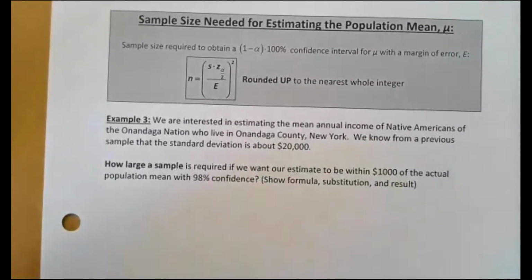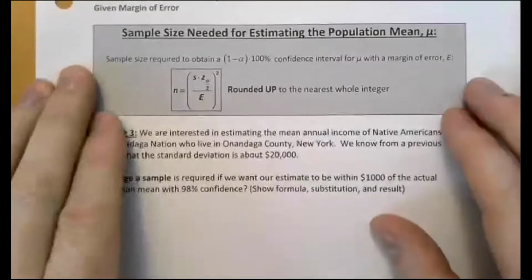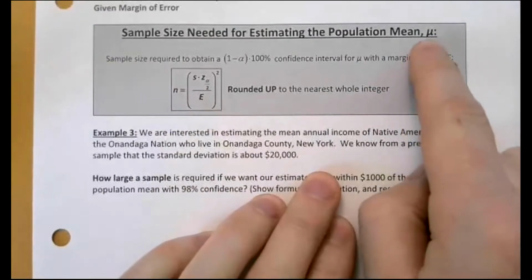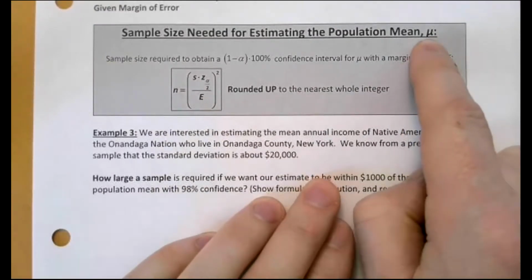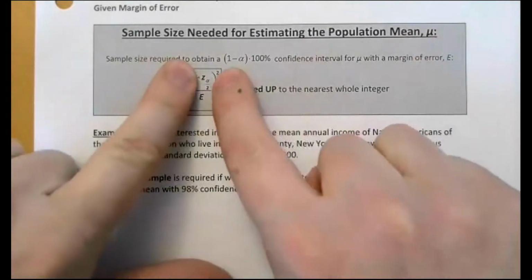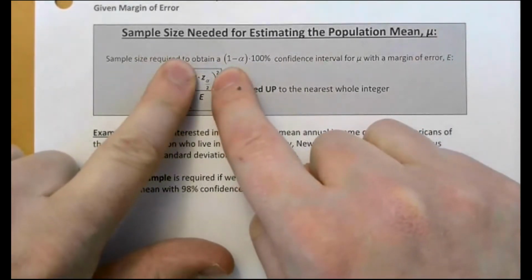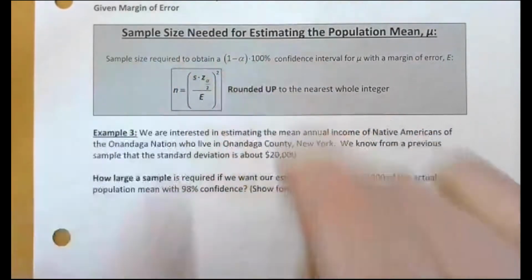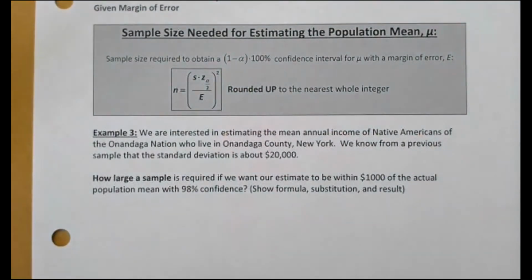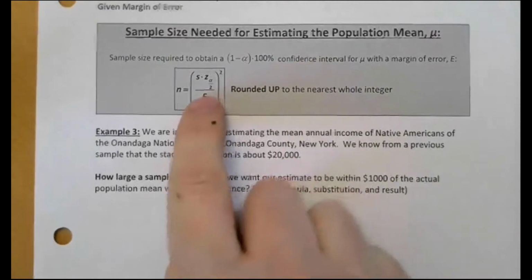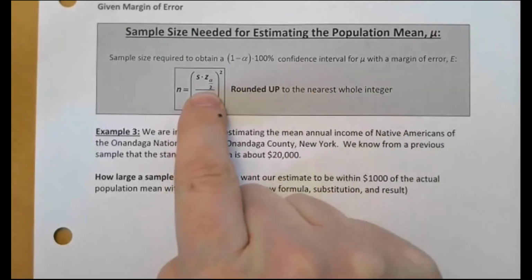Okay. Here comes the same process, except we're doing it for a mean. Now, note something. See how there's a Z alpha divided by 2 in here? If you recall, we used T critical values to calculate the confidence interval, but we're not using T critical values to calculate this.